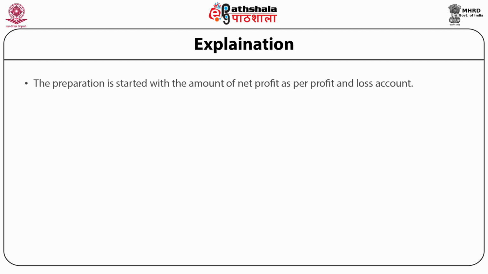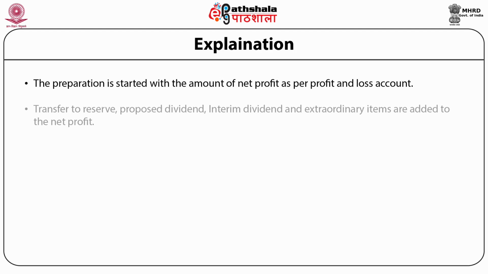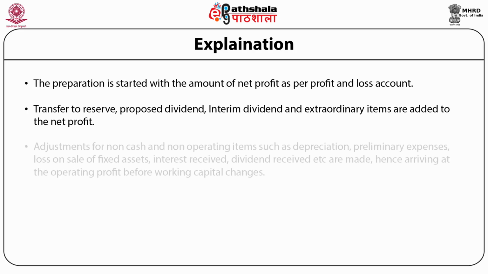Explanation. The preparation is started with the amount of net profit as per profit and loss account. Transfer to reserve, proposed dividend, interim dividend, and extraordinary items are added to the net profit.